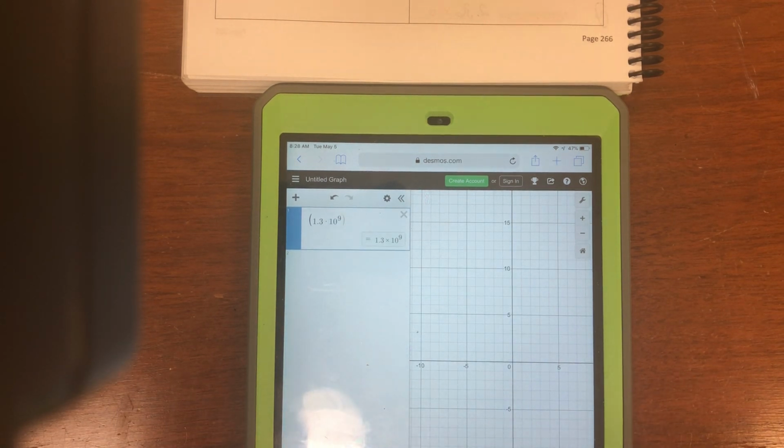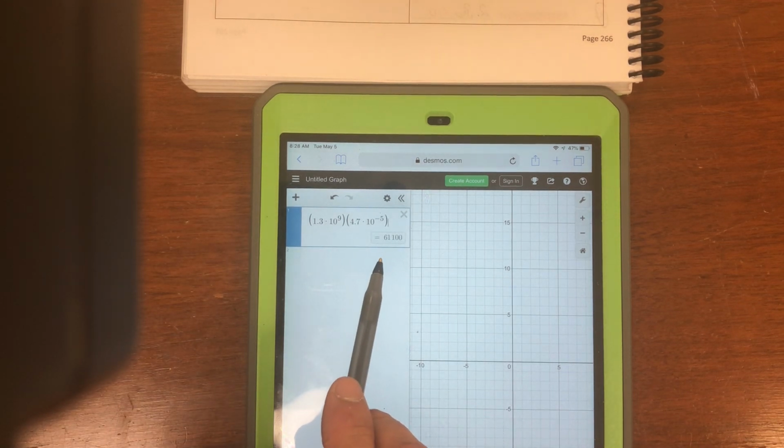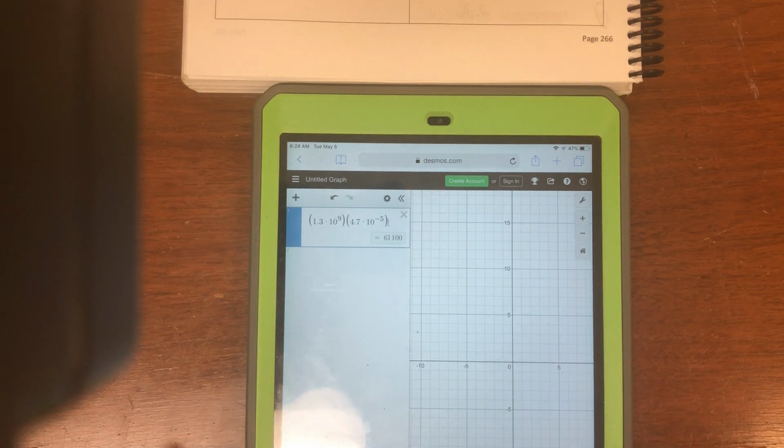You need to scroll over once so you can close the parentheses around the whole notation. Open up another set of parentheses, and we have 4.7 times 10 to the power of -5. Scroll over, parentheses. Now we get 61,100 as my answer for that.